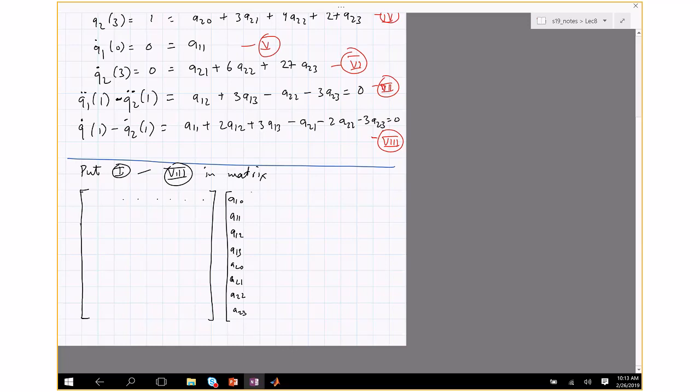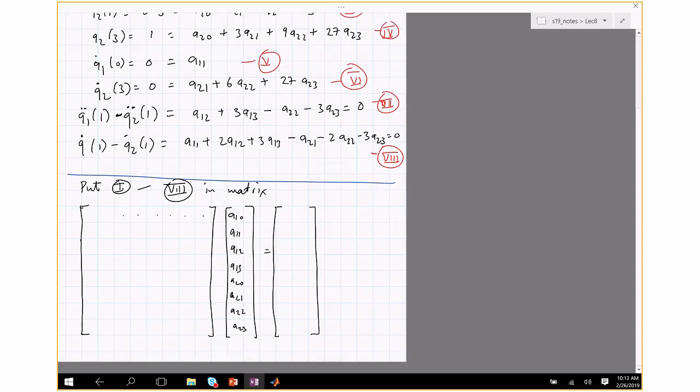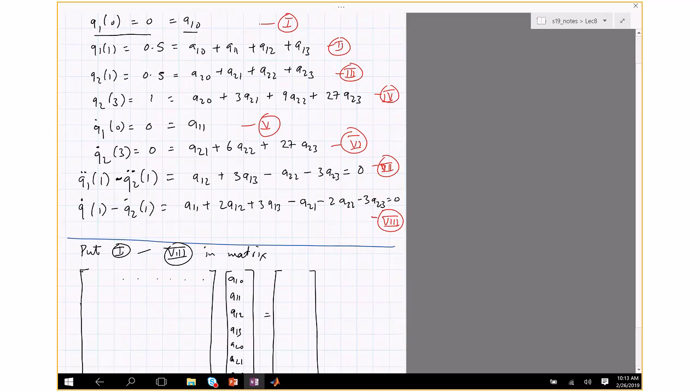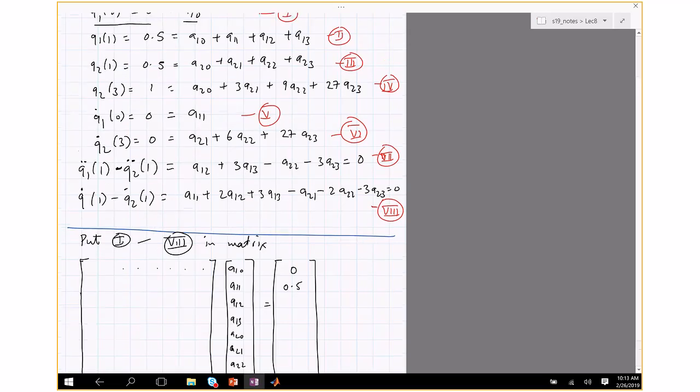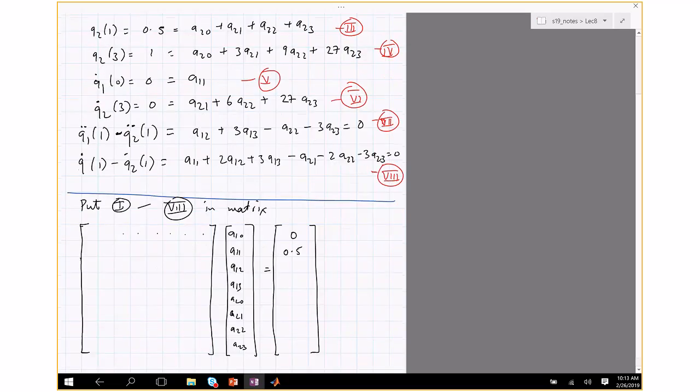Those are my unknowns. And then what goes on the right side are just the right hand sides of those equations. So 0, 0.5, 0.5, and so on. Keep going.